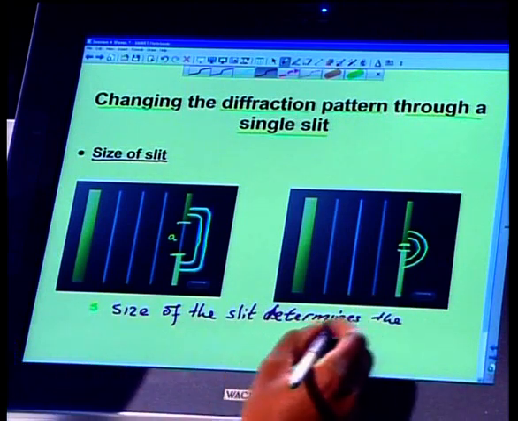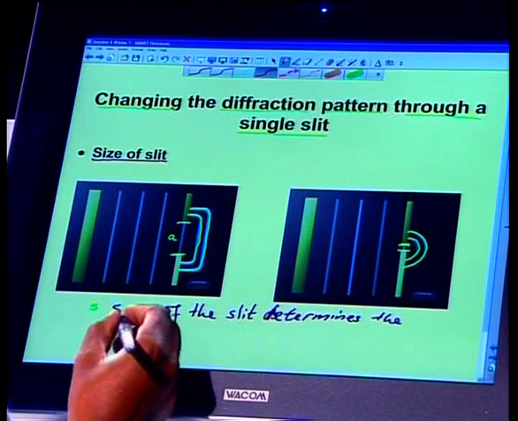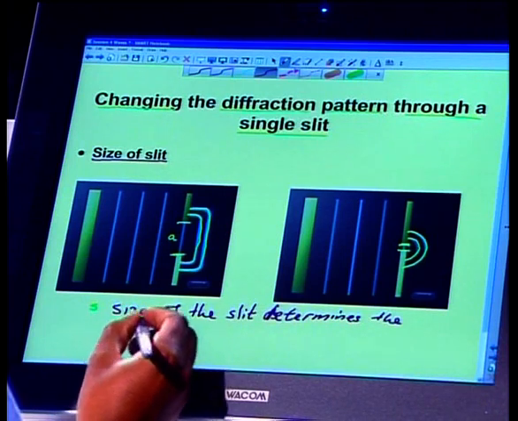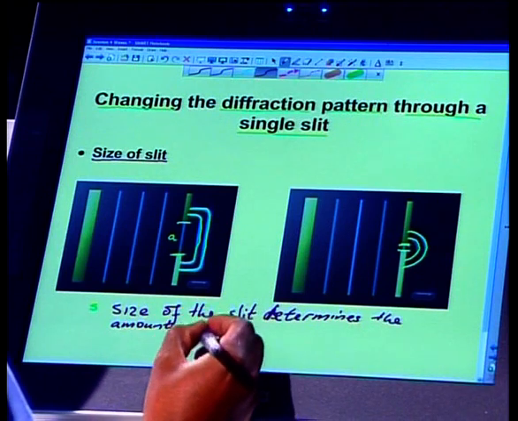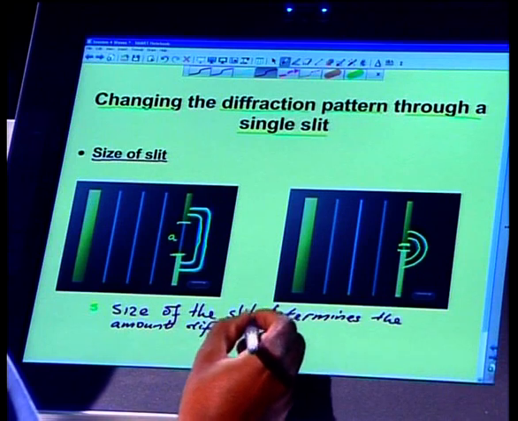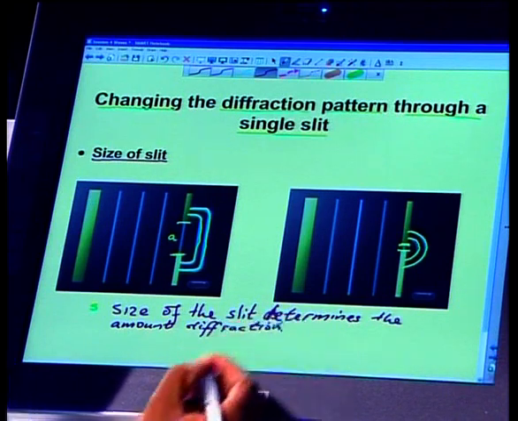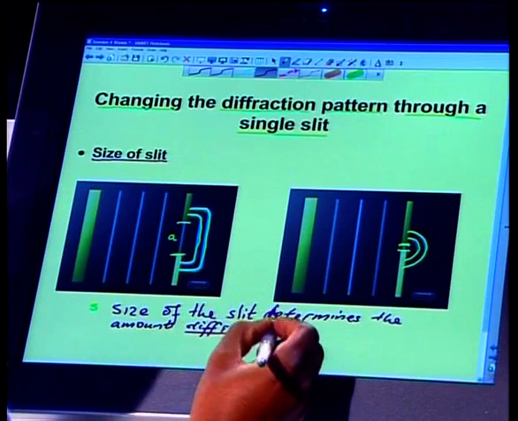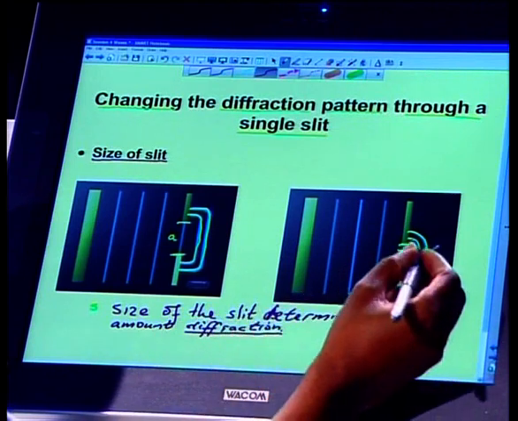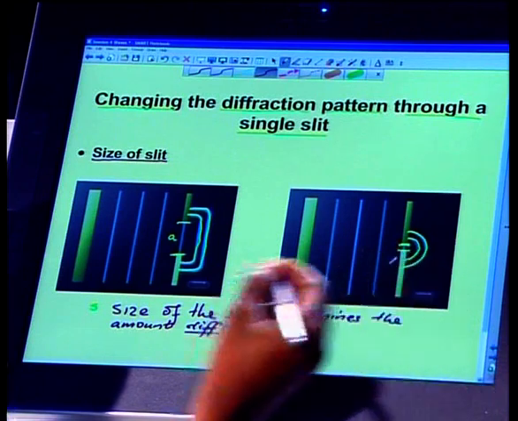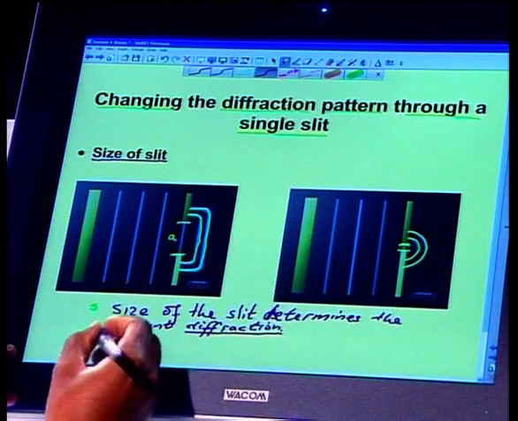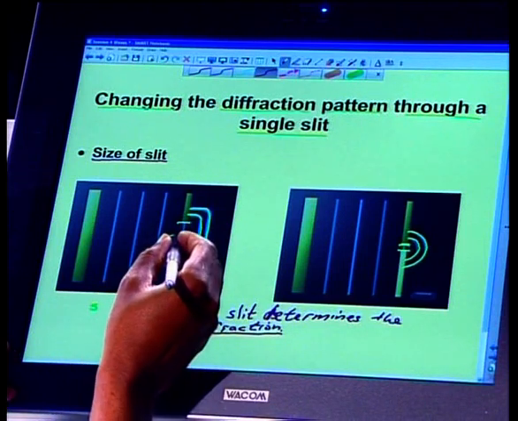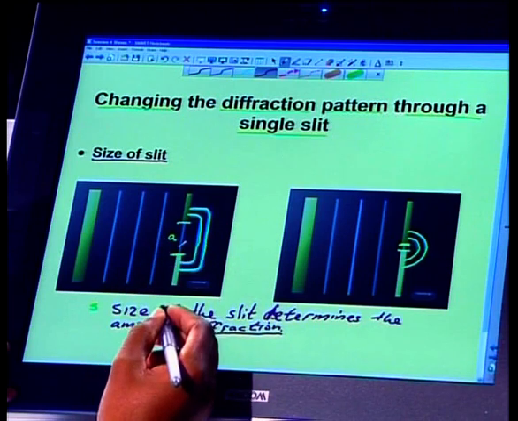So the size of the slit determines the amount of diffraction, how much diffraction we can have. And we can actually see the relationship between the two. We can see that the diffraction is more when we have a smaller slit, and it's less when we have a bigger slit. So we can say that the bigger the slit, the smaller the diffraction.